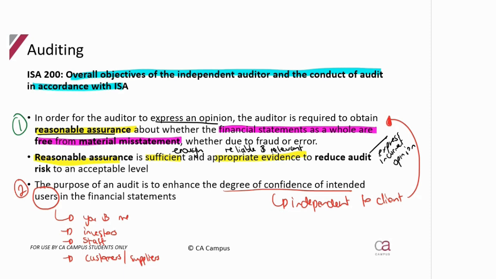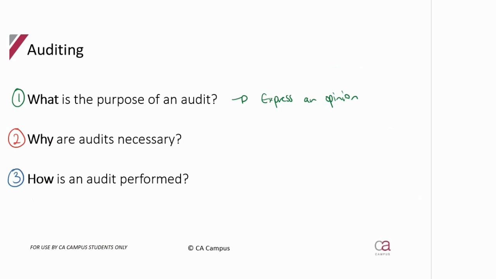Against the regulations that say this is how you should put this amount in, and this is how you should determine this amount. So we've got to test the laws and regulations that this company has to adhere to, to come to the conclusion, yes, the financials are free from material misstatements.